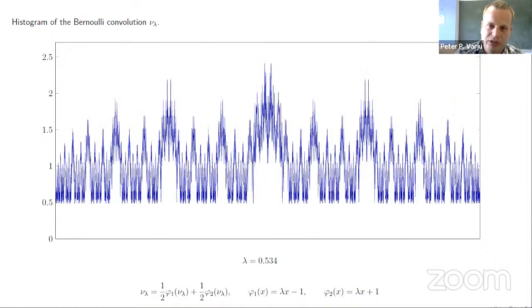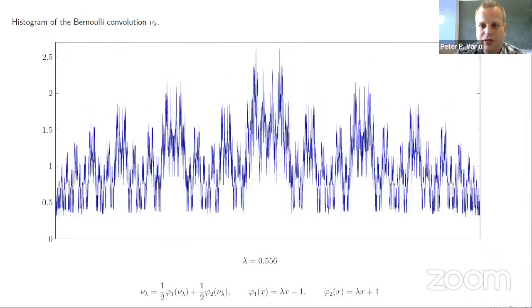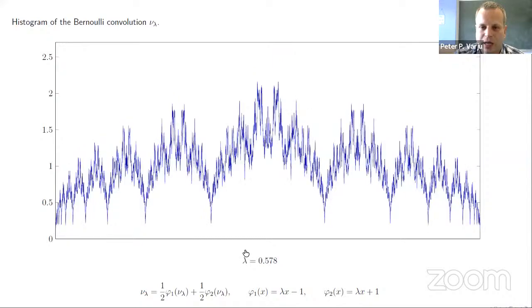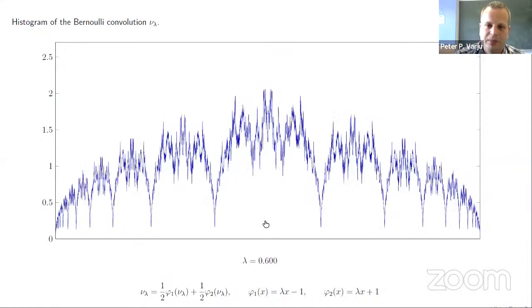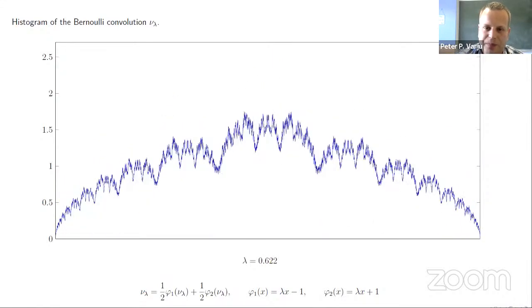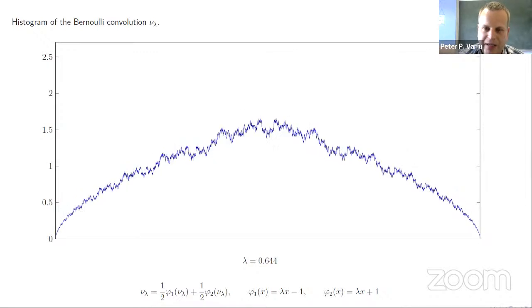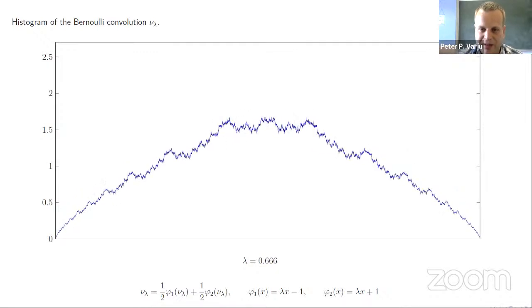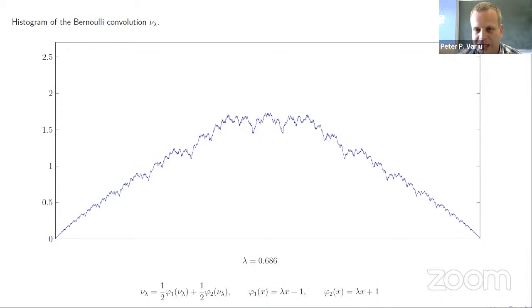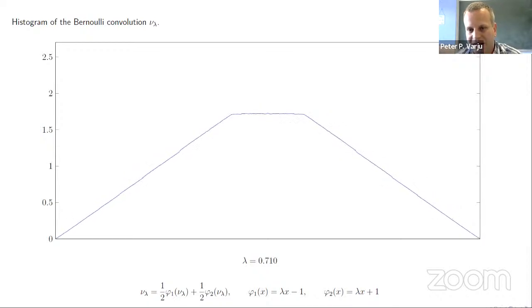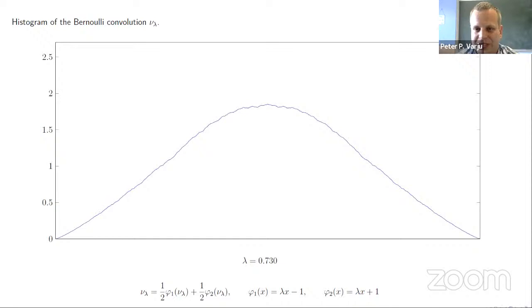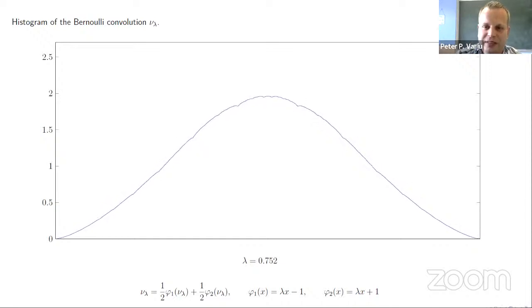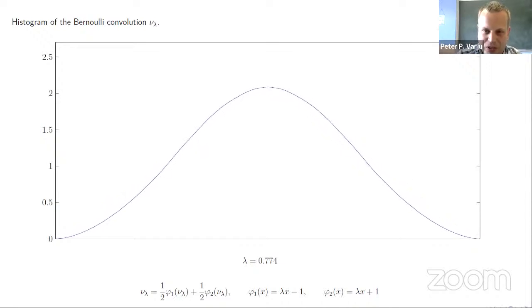We know some such values. And if you look at those lambdas where this graph becomes suddenly a bit more spiky than it is in the neighboring lambdas, then it turns out that you are actually close to one of those parameters for which we know that it's singular. These are called Pisot numbers.